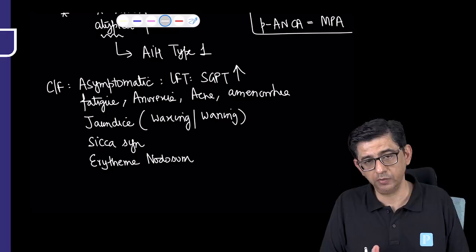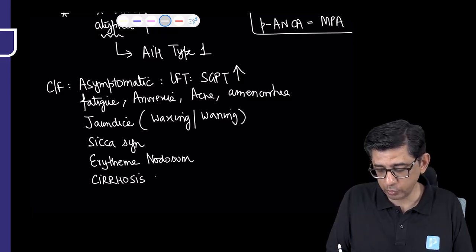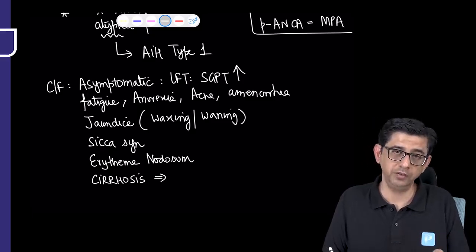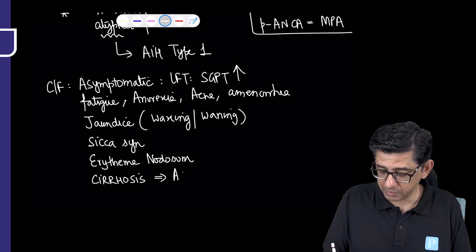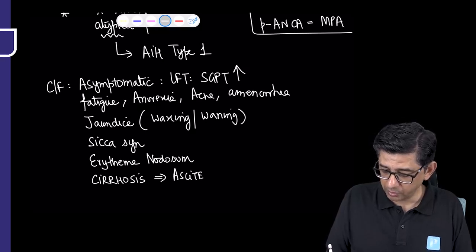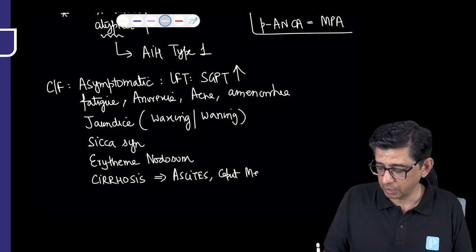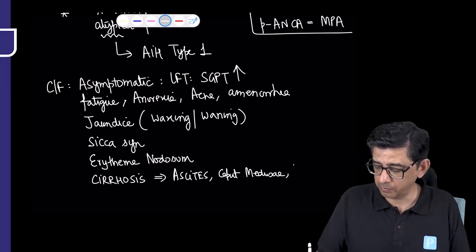If the disease goes undiagnosed, which is a high probability in large number of cases, because I said majority of cases are misdiagnosed as chronic viral hepatitis. We think it's due to infective etiology, it is autoimmune etiology. These patients will go into cirrhosis, and if they go into cirrhosis, then manifestations like ascites or features of portal hypertension like bleeding esophageal varices, caput medusae, that would be dilated veins around the umbilicus of a patient, can be present.